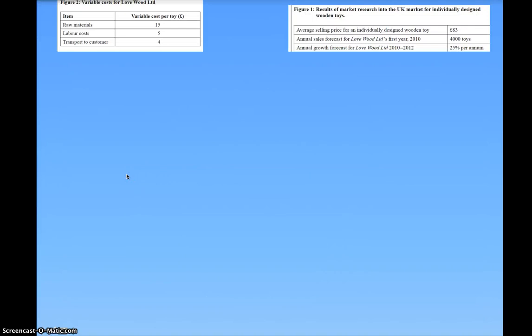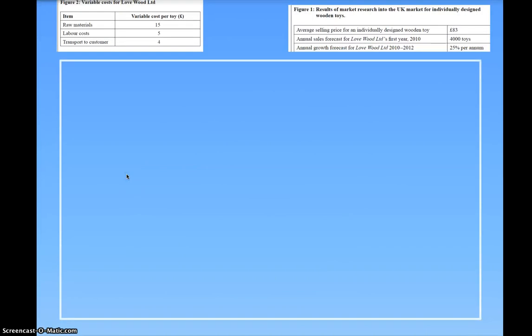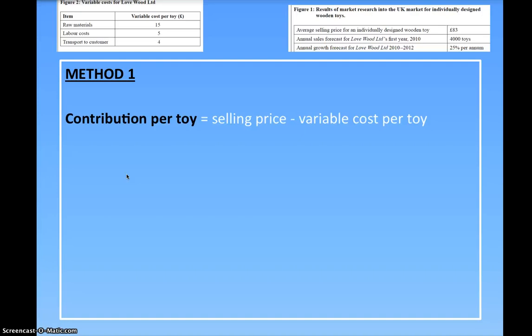Okay, now it's very important to lay things out really carefully. Make sure that you put down all of the workings. So the contribution per toy, as we've already said, is selling price minus the variable cost per toy. That's £83 minus (£15 plus £5 plus £4), and that equals £83 minus £24.